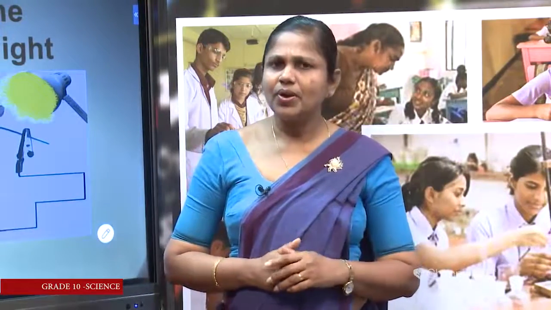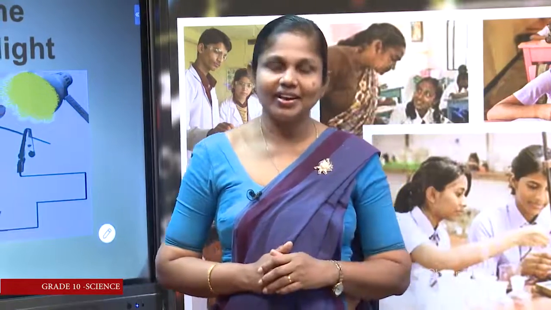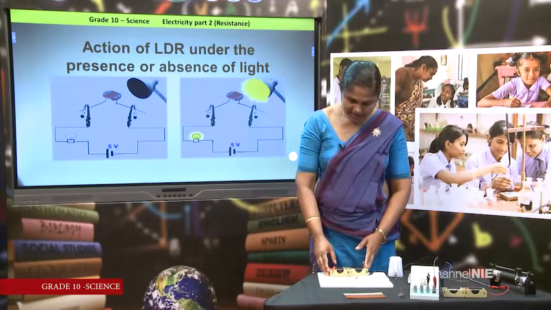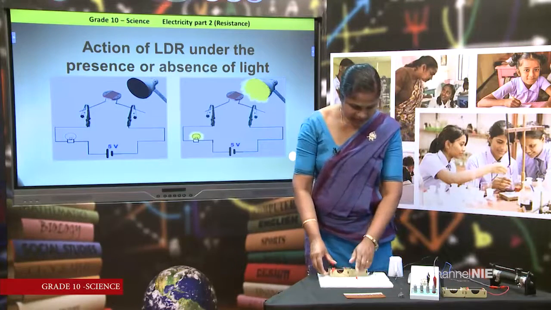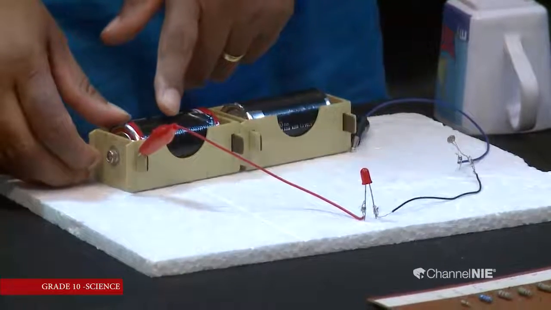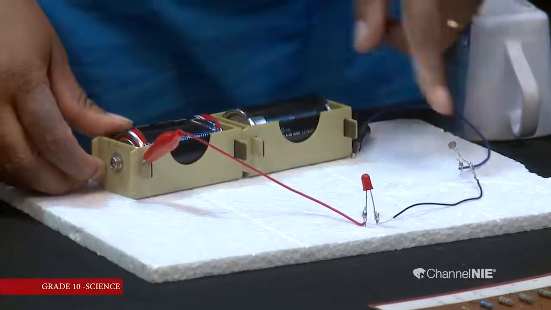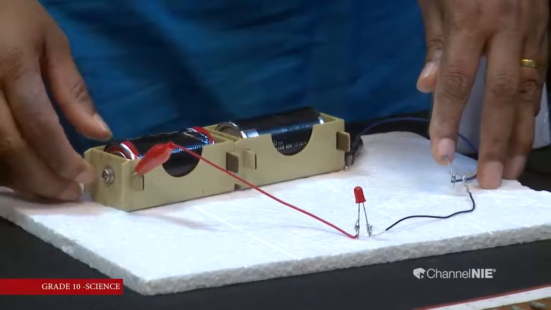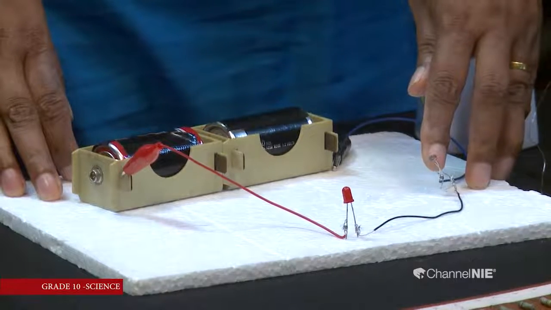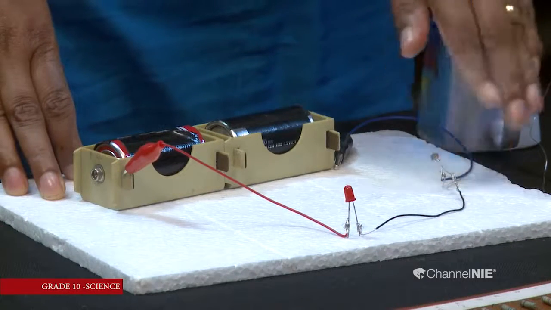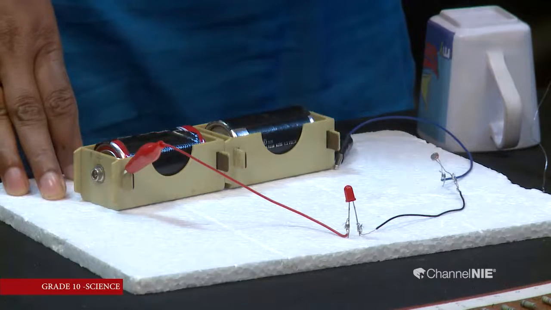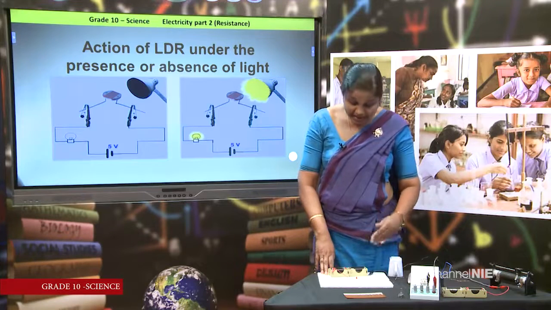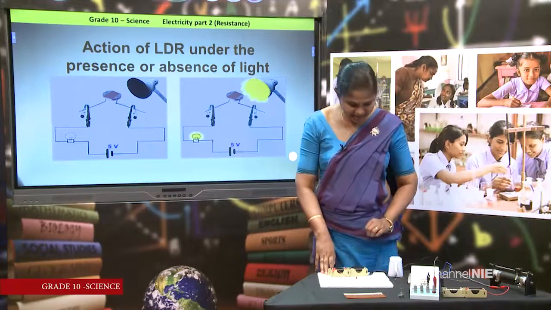Let me show you how this happens really. Okay? Right. Now look here, children. I have a simple circuit with an LED bulb and two cells. What's this? This is an LDR, light dependent resistor. You know, children, when there's no light, when it is dark, resistance increases and current flow decreases.